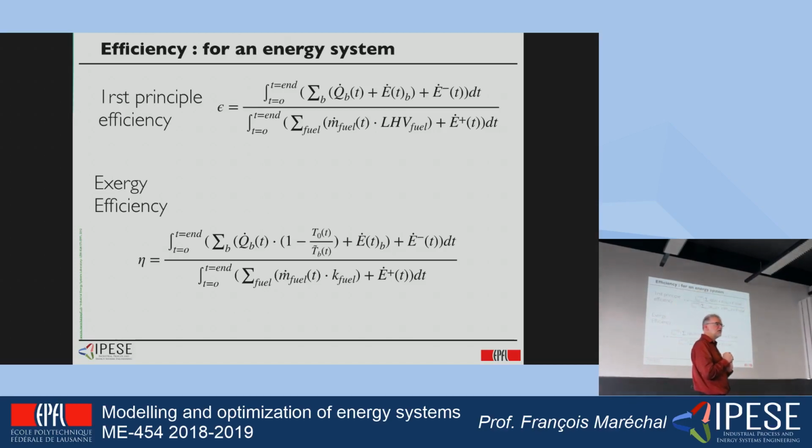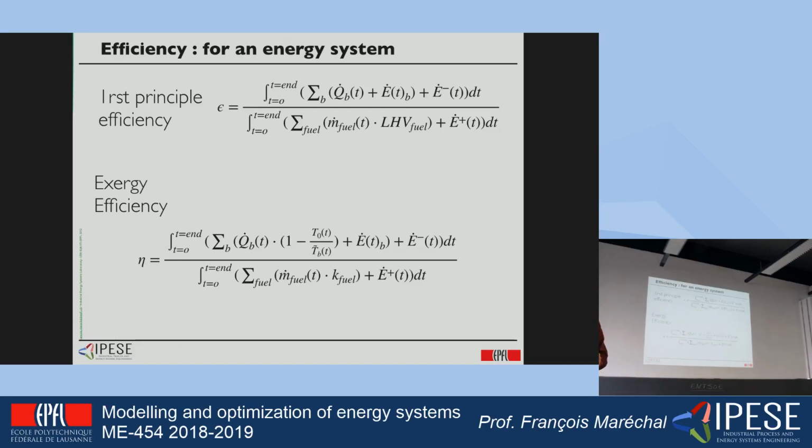While if you cool down all the flows up to the ambient conditions, then you will condense part of the water produced by the combustion, and this gives you a small amount of more energy than the lower heating value to define the exergy content of the fuel. This can be found in tables.